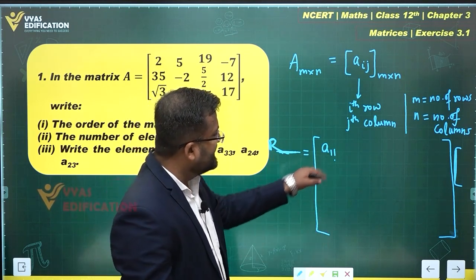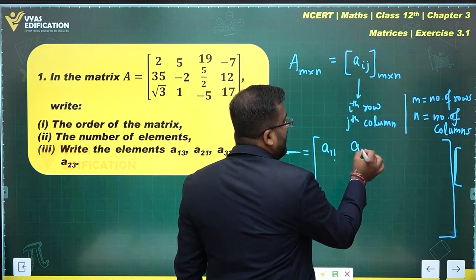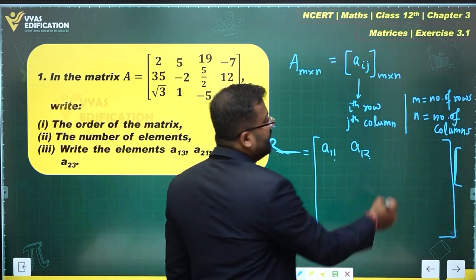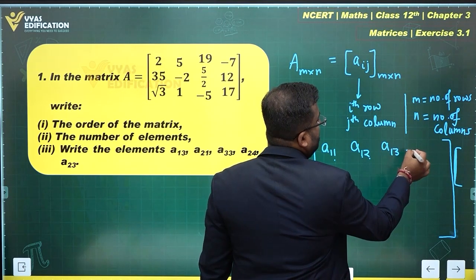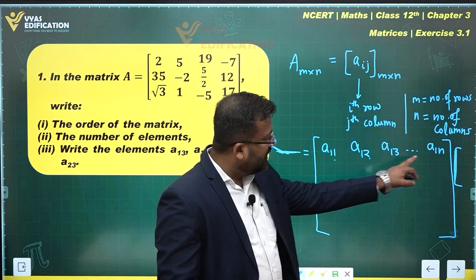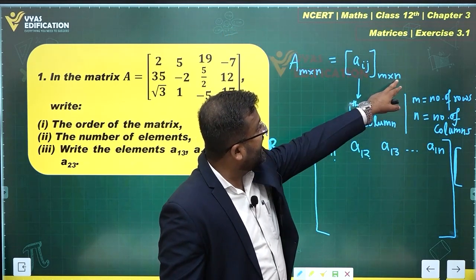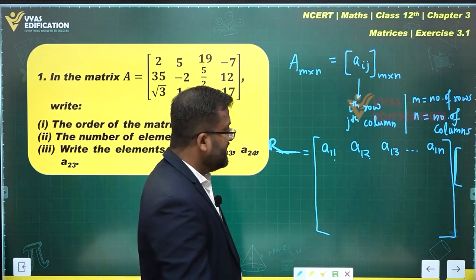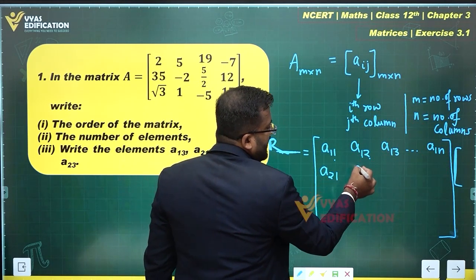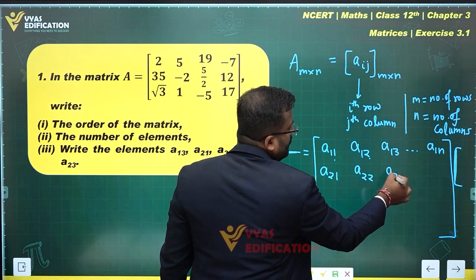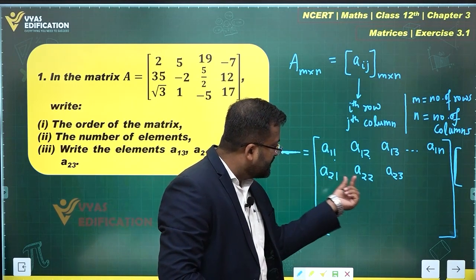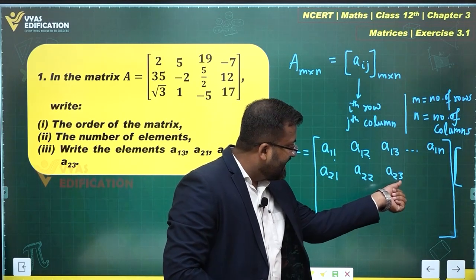So A11 is this. Then we have A12, the first row and the second column. Then we have A13 and correspondingly A1n: the first row, third column, and first row, last column, that is the nth column. Similarly, in the second row we'll have A21, A22, A23. These represent second row first column, second row second column, second row third column.